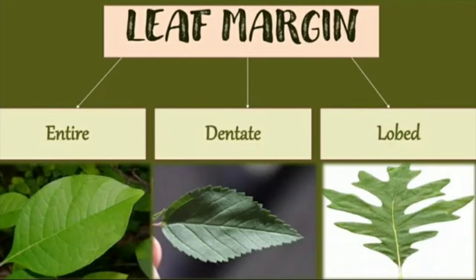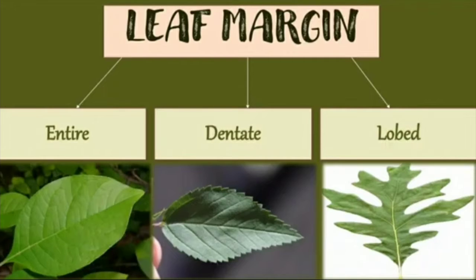Now we know that the edge of the leaf is called the leaf margin. So these leaf margins are of 3 types: entire, dentate and lobed. Entire means the edge is smooth. Okay, so it is entire, without any roughness.